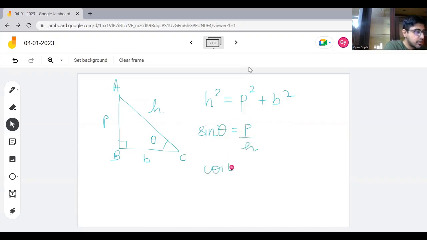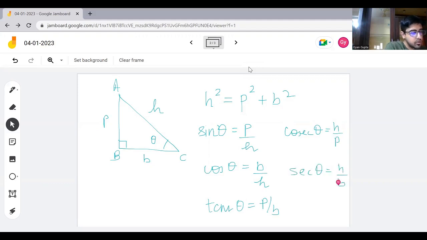Cos theta is equal to b by h. Tan theta is equal to p by b. Cosec theta is equal to h by p. Sec theta is equal to h by b. Cot theta is equal to b by p. These are the 6 trigonometric ratios.